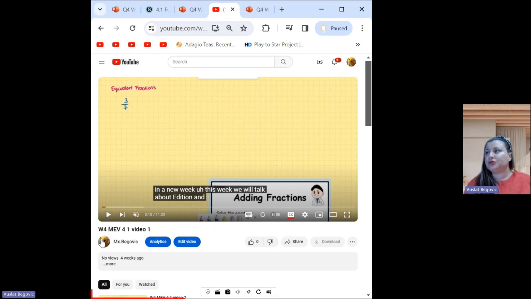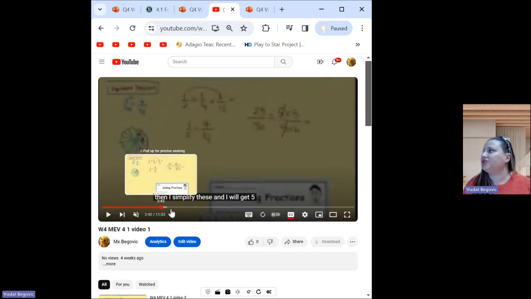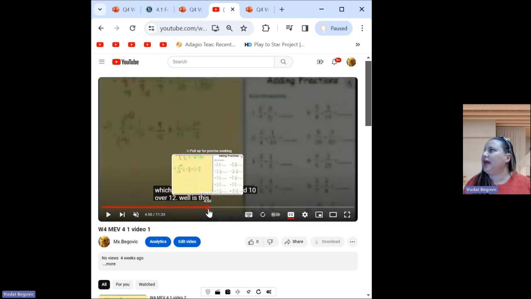What we are supposed to do is match the denominators and make them the same by multiplying or dividing by certain numbers. For that, I want to first explain equivalent fractions because they are very important. So this video is talking about equivalent fractions, and then we will do adding.